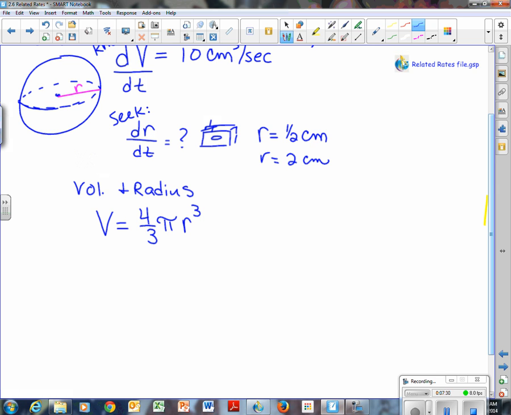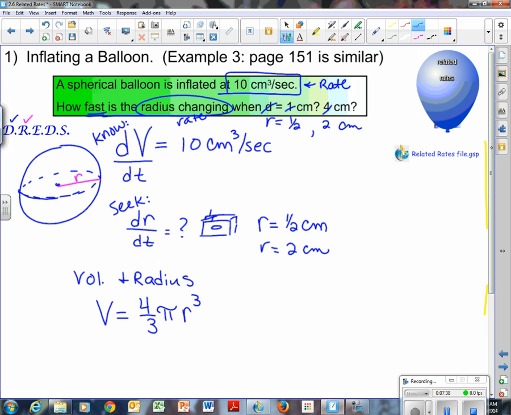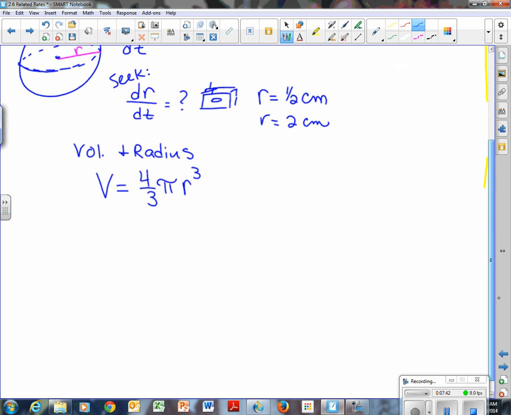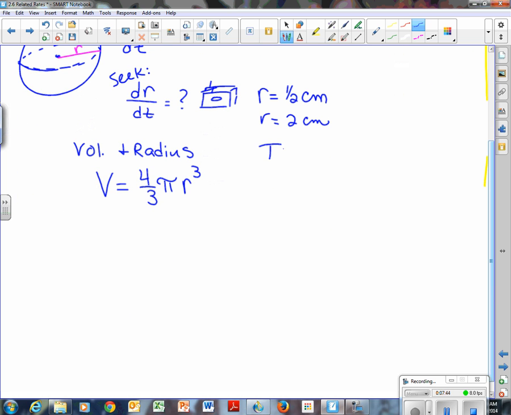Now what we're going to do is we wrote down our rates, we wrote down the equation that ties it together. The next step is looking at this. We wrote the equations. Let's go into taking the derivative. To do that, we need implicit differentiation on this.